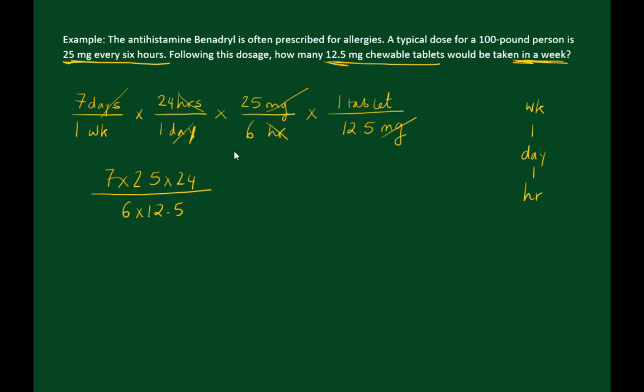This is how you do it using unit analysis. But if you break the problem down, you can still get the correct answer. If you compute this, you get 56, so that means 56 tablets per week.